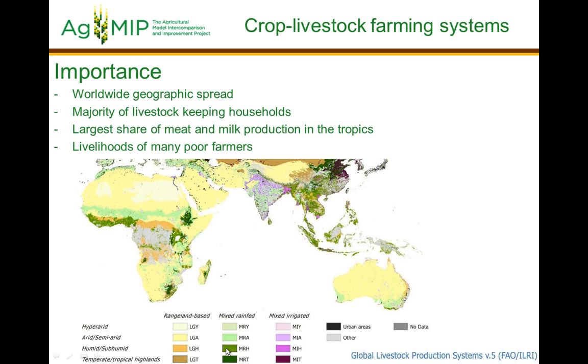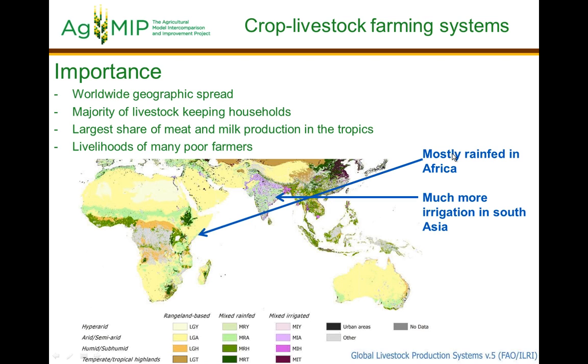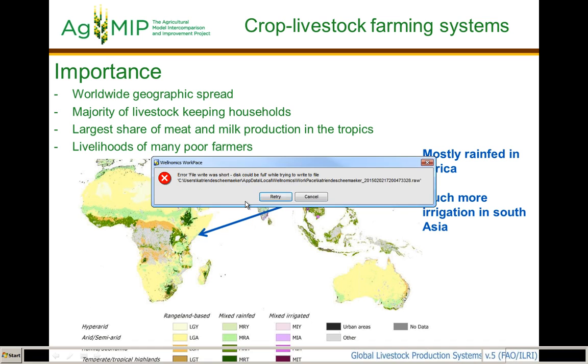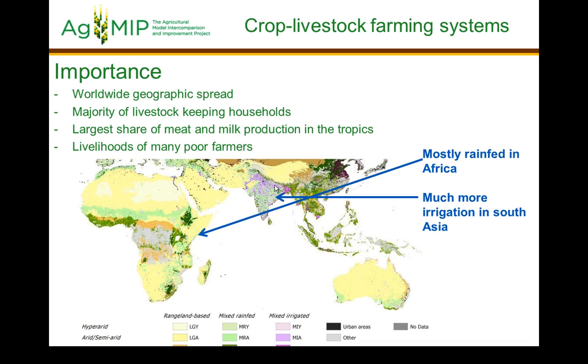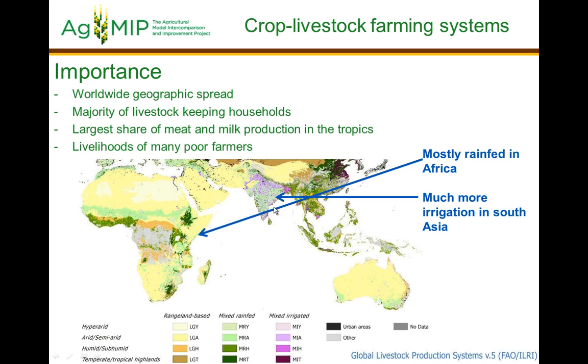So parts in sub-Saharan Africa where mixed rain-fed systems are very important, and then parts of South Asia where again mixed rain-fed, but also very many mixed irrigated systems are present. And indeed, you can see that there is much more purple color in South Asia than in Africa, where everything is basically rain-fed.